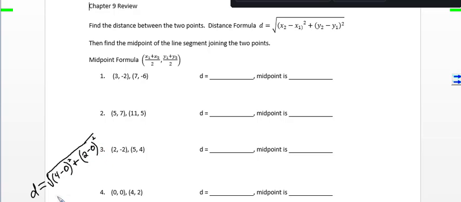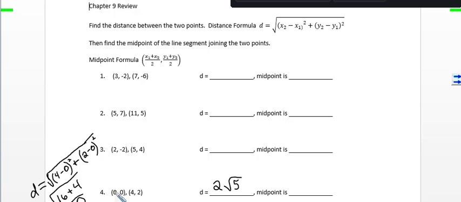Okay, so that's going to be 4 squared is 16, and 2 squared is 4. So it's a square root of 20. 20 will be 2 times 10. And 10 is 2 times 5, so it is a 2 square root of 5.